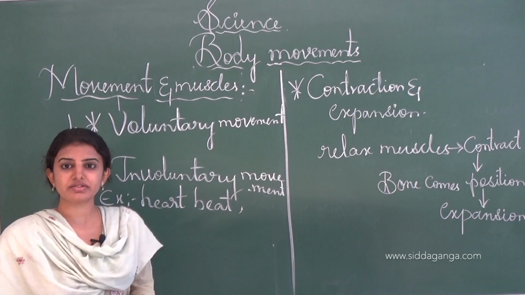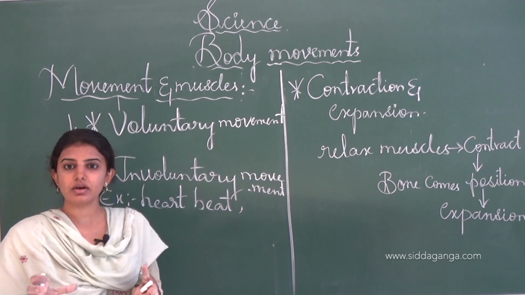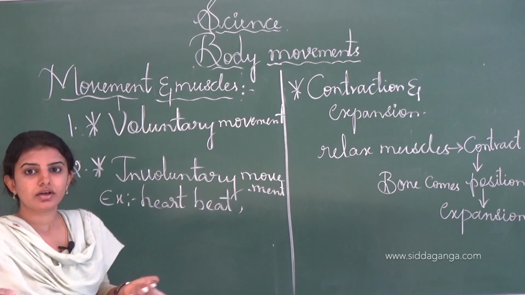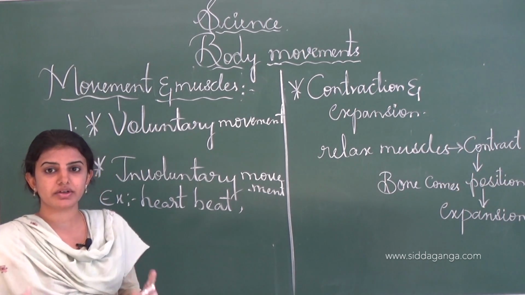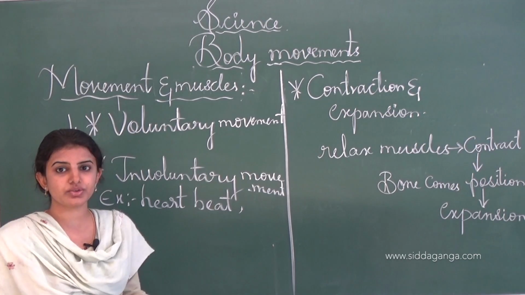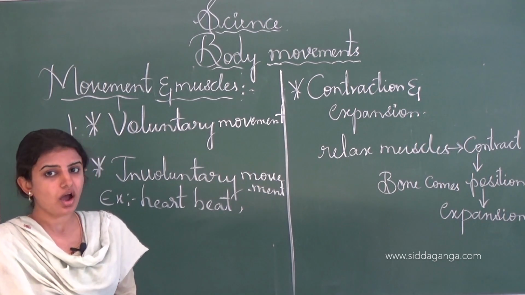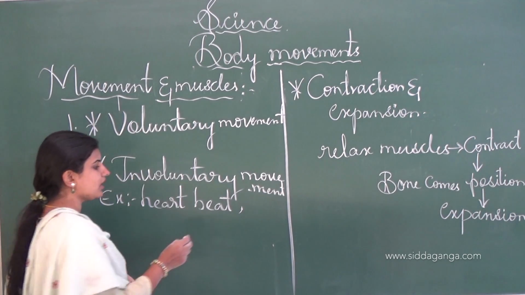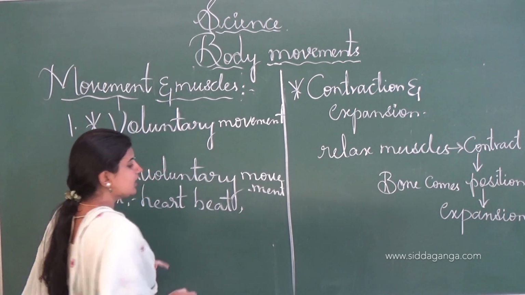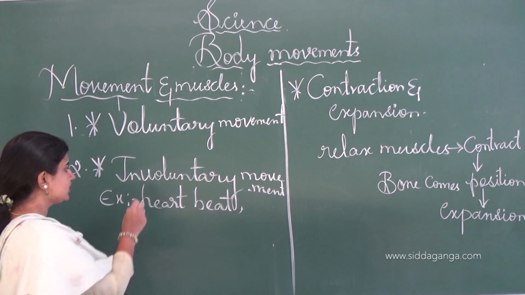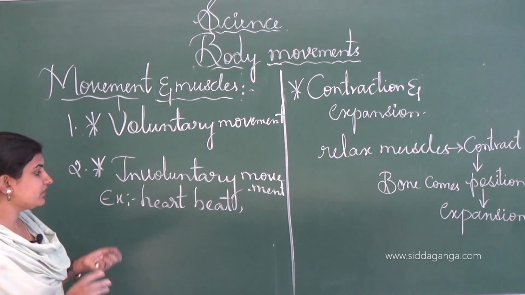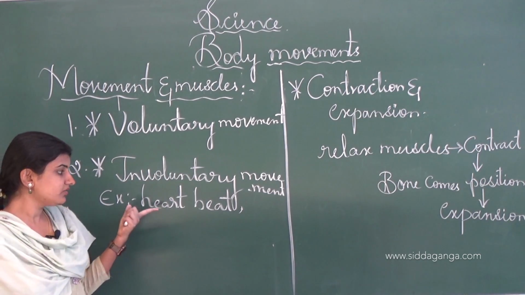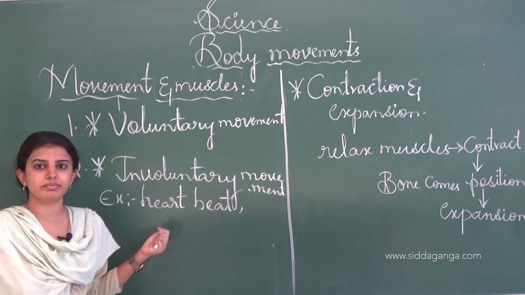To some extent we can control blinking, but it is not continued throughout the day or throughout the hour. Like that, involuntary movements, for example the heartbeat as well as the digestion of the food, are not in our control. We can't stop the movement of the heartbeat.